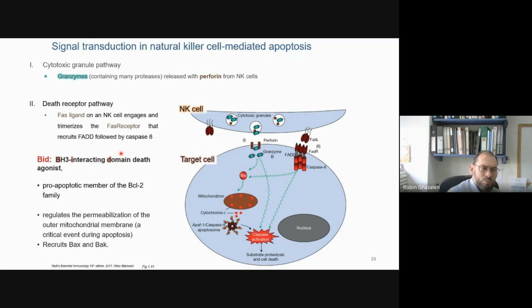And proteins are often built up from domains like blocks of Lego. And one of these domains is something called the BH3 interacting domain. Here we have the word domain, death domain. So there are thousands and thousands of different proteins in the cell, but many of them are built up from a limited number of domains.